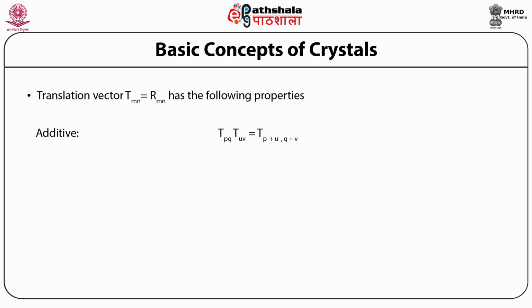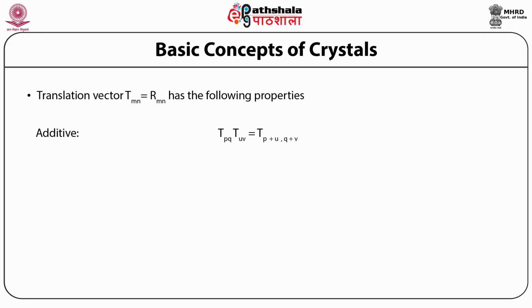This says that if you translate on a lattice by integers U and V, and then you further translate by integers P and Q, this is equal to as if you already add the subscripts, P plus U and Q plus V. So on the left hand side you have performed two separate translations, and on the right one translation. So these translations are equivalent. That is called the additive law.